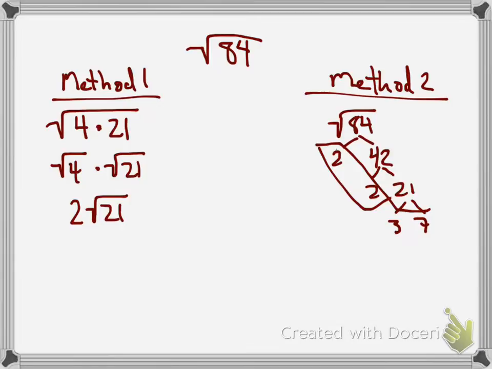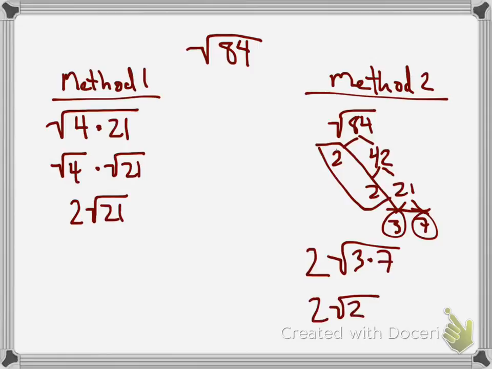So know your division rules. So which one of those would be easier for you? I don't know. I used the factor tree a lot more before, but now I like to use the perfect square method. Anyways, I got a pair of 2's that go on the outside, and I got a 3 and 7 left over on the inside, and 3 times 7 is 21. So there's my 2 answers. So you can kind of see how that works.